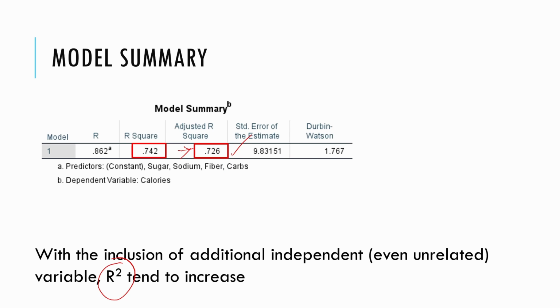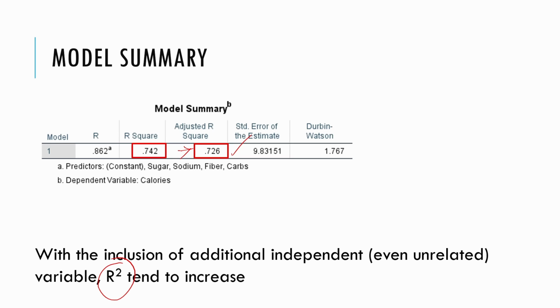Because if you include any additional independent variable which is not even related to the model, a completely unrelated, irrelevant independent variable, your R square value will still tend to increase in multiple linear regression. That kind of bias can be removed using the adjusted R square value. You don't have to believe me, just experiment.